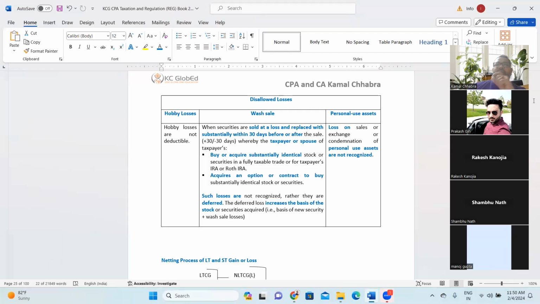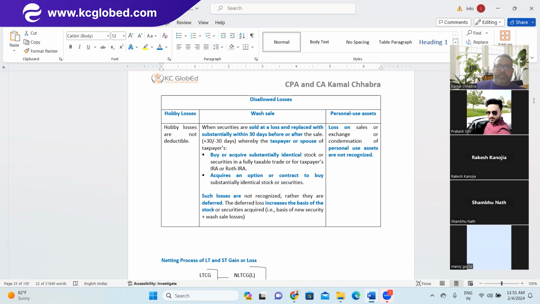So the simple meaning of wash sale is you have either purchased or sold the share within 30 days, and on purchasing or selling you have earned some trading income, dividend income, interest income, or any such profit. But after that, the same asset, the same security, you sell at a loss in future, right? So that loss will be deferred to the future period when you sell to any unrelated party.